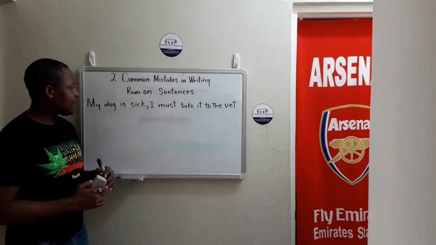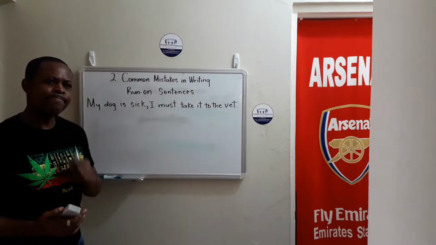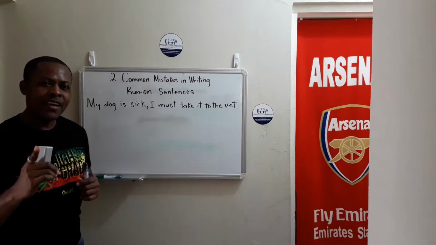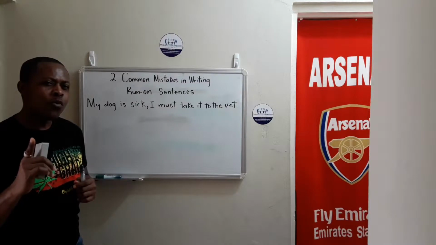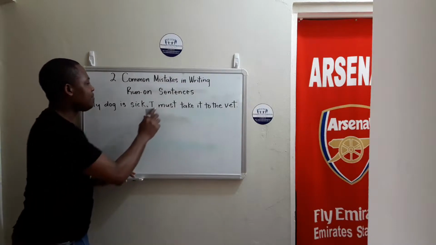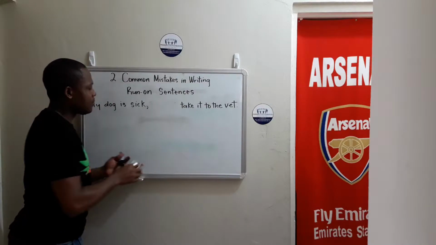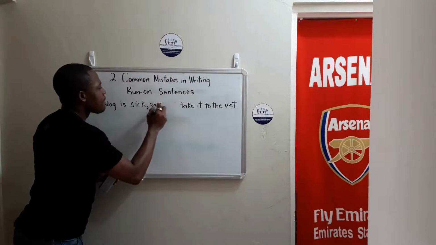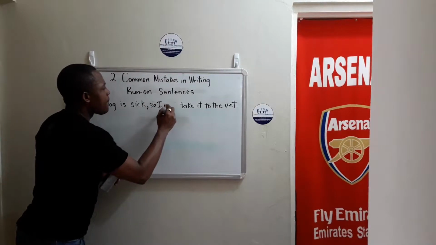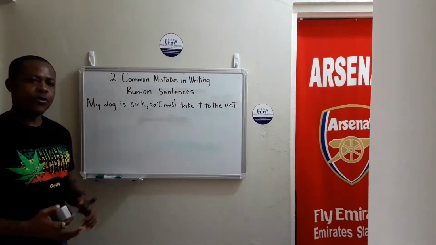Let's analyze. My dog is sick, I must take it to the vet. Maybe the coordinating conjunction so would be very useful. Let's try that. What do we have here now?